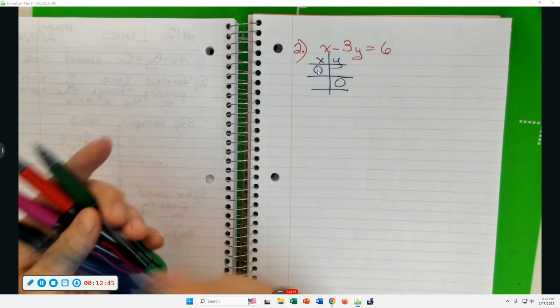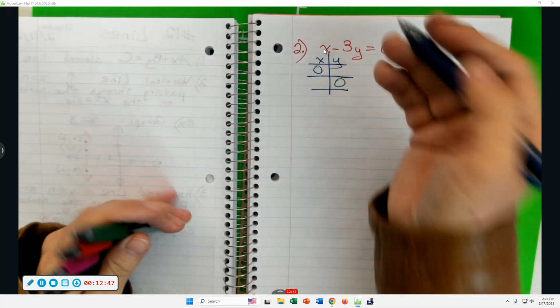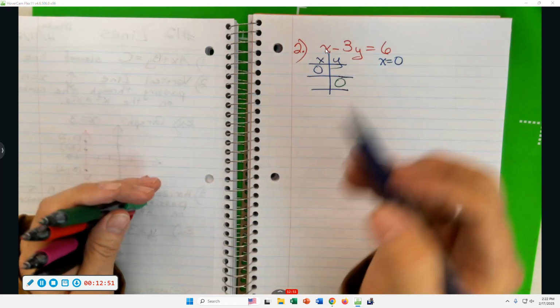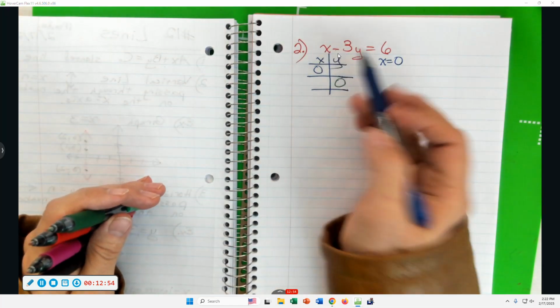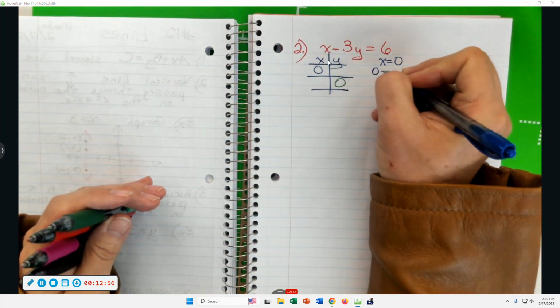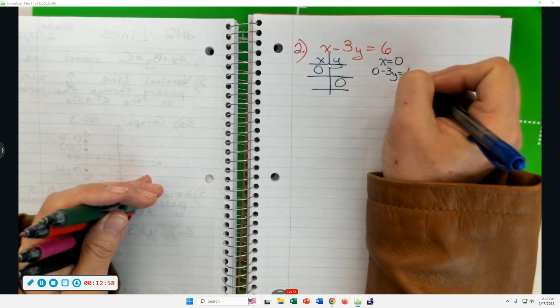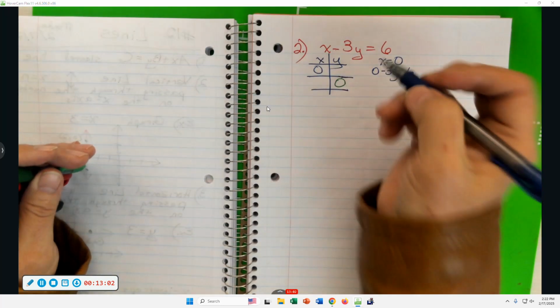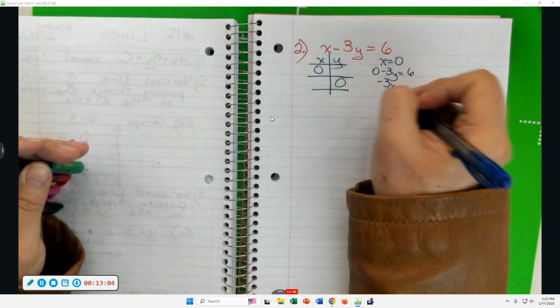Let's start off with plugging in 0 for x. That says 0 minus 3y is equal to 6. Well, 0 minus 3y is a negative 3y.